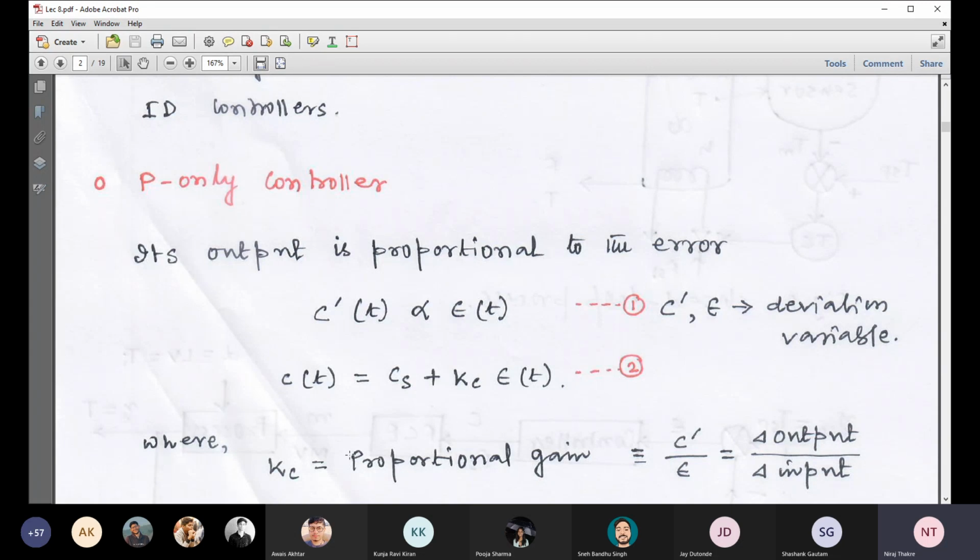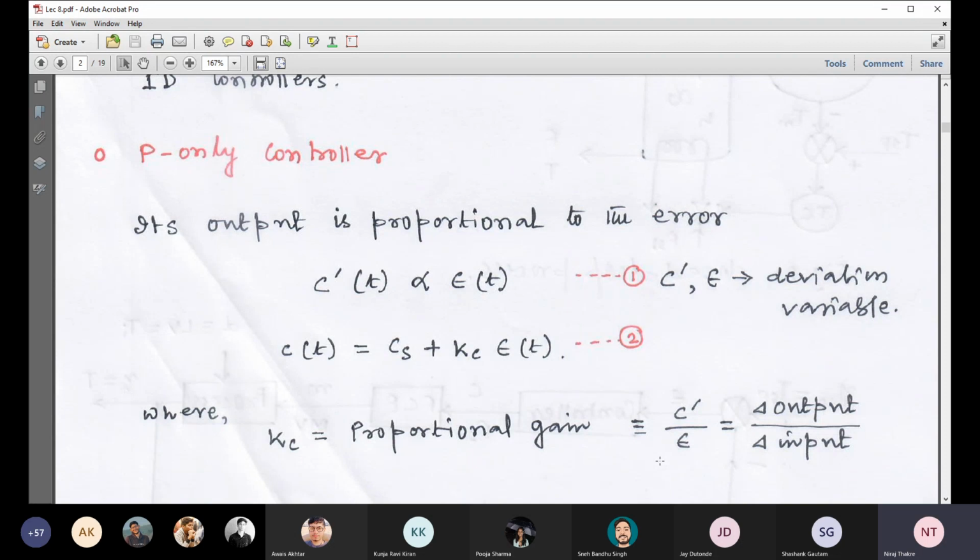And since it is involved with the proportional controller, that's why this proportional term is also involved. So Kc equal to C prime by error, we can easily get from equation 2. So it is nothing but change in output by change in input.